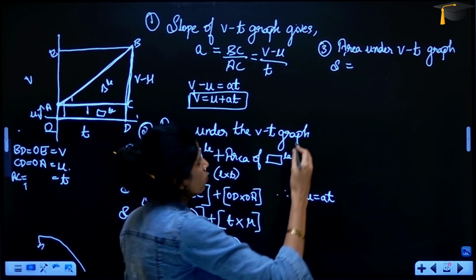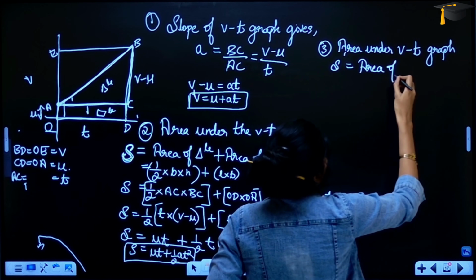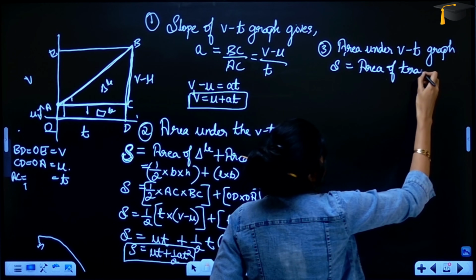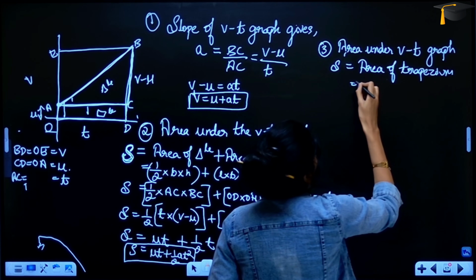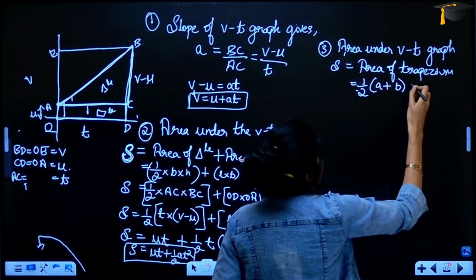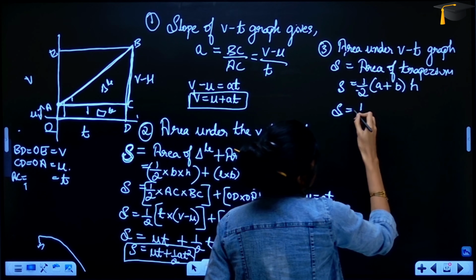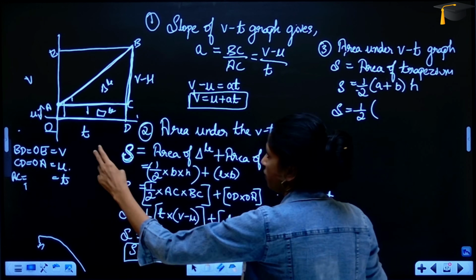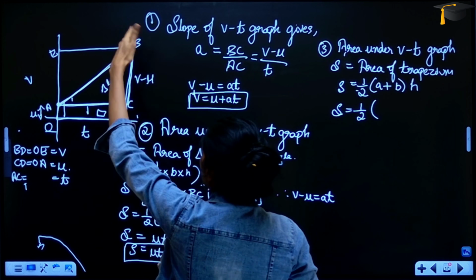So now we will take our area under the graph as the area of a trapezium. Please remember the area of a trapezium: half of the sum of the parallel sides into the height which connects those two sides. So now S equals half. What are the two sides here? The two sides will be OA plus BD.